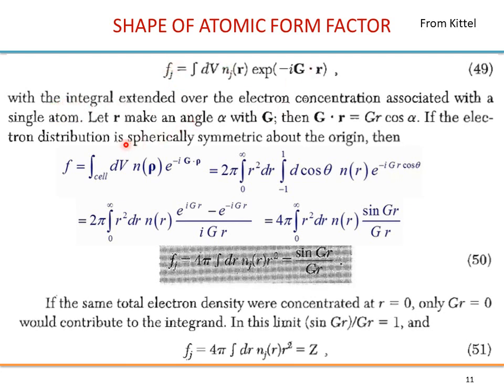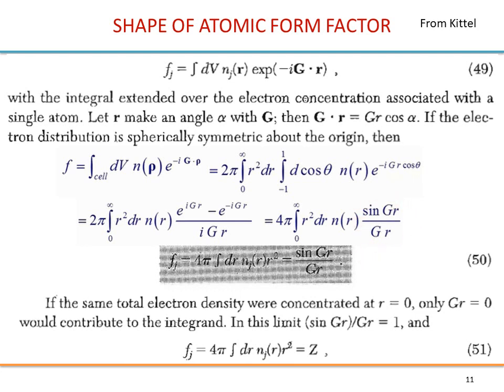This is the case where we use a spherical distribution, symmetric about the origin. In that case, you get this for the form factor. You will use spherical coordinates. You can try to look at this at home if you're interested, but you don't need this. We will not need this further. So this is in fact a number. What is important is this.